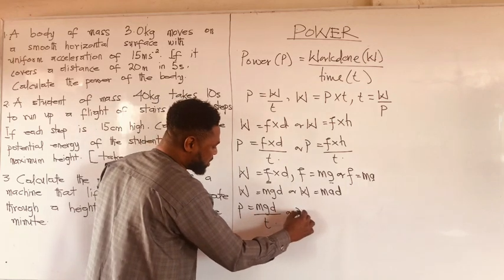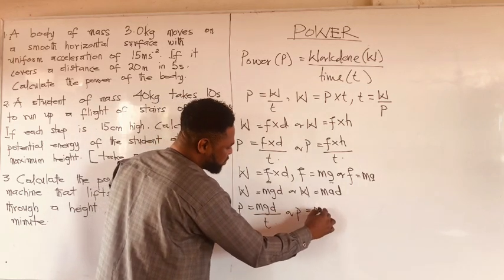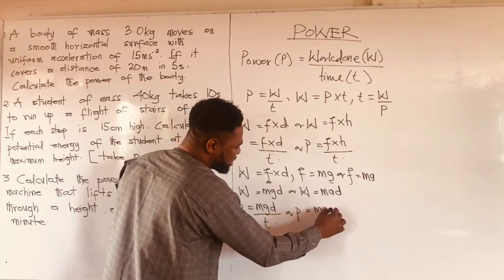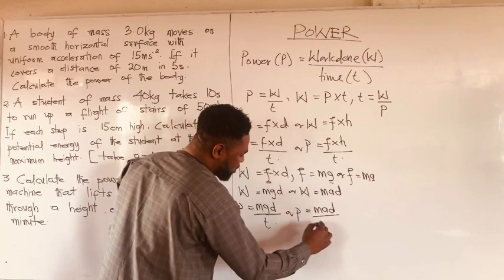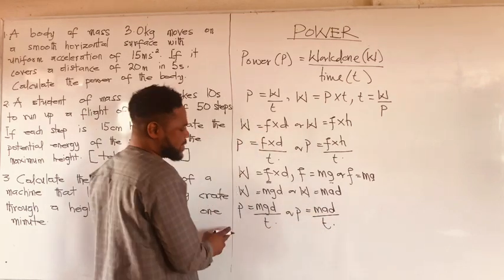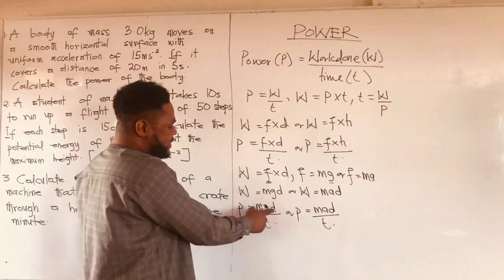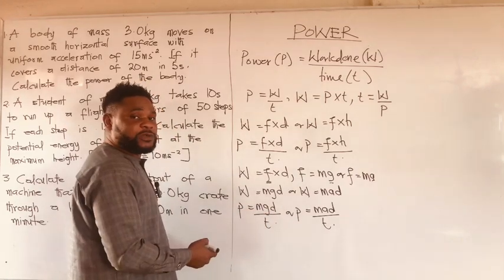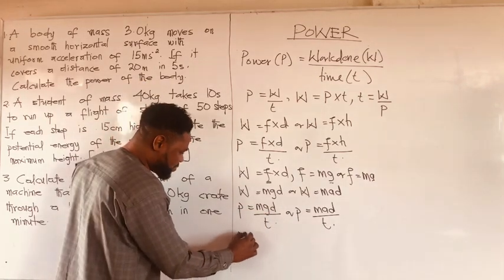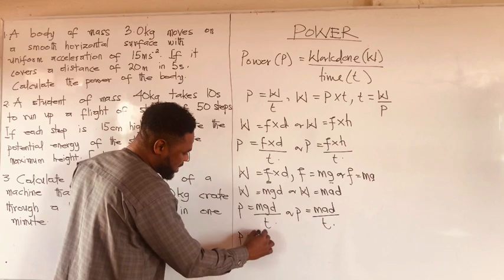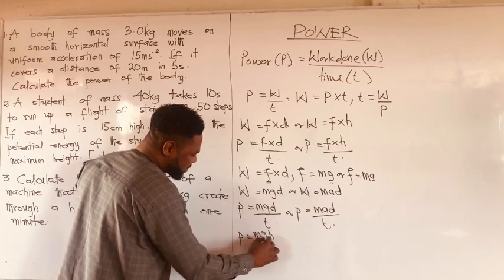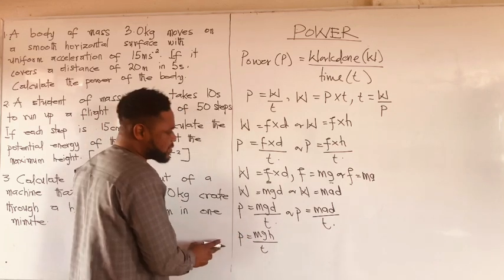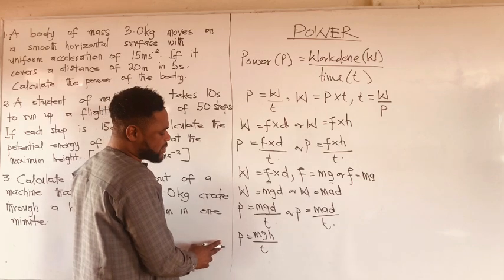Or we can also say power should be equal to mass times acceleration times distance all over time, as we can see. Where the D is, we can also use H to represent it. So we can also say power should be equal to mass times gravity times height all over time, as we can see here.